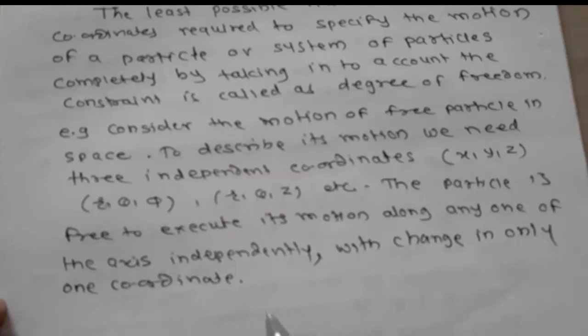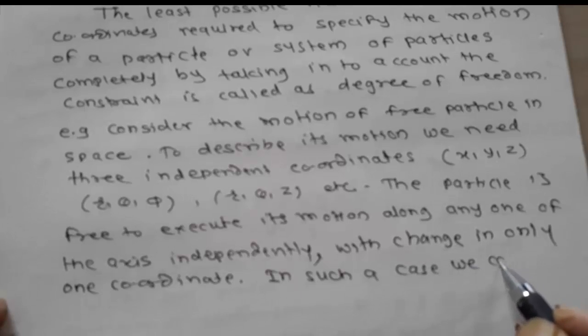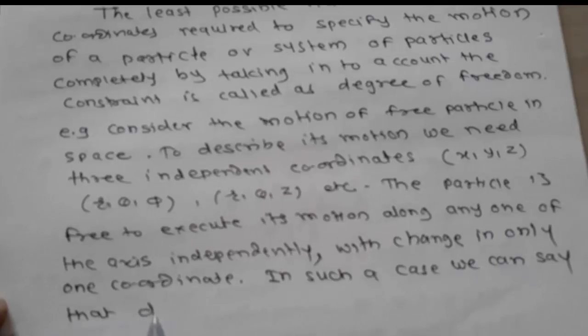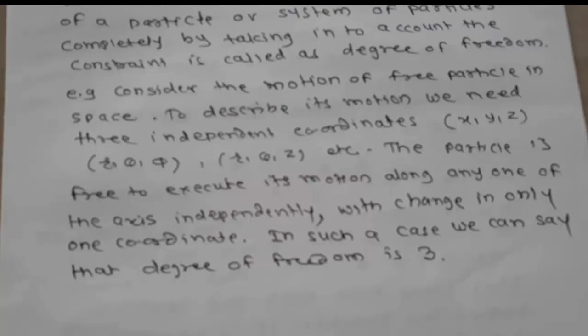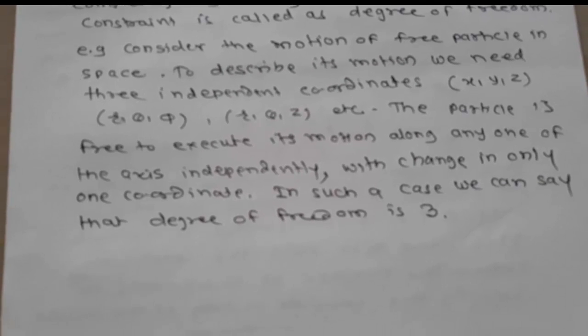In such a case, we can say that the degree of freedom is 3, as we cannot express the motion of a particle moving in space with fewer than 3 coordinates. We require a minimum of 3 coordinates to express the complete motion of the particle. The degree of freedom is 3.